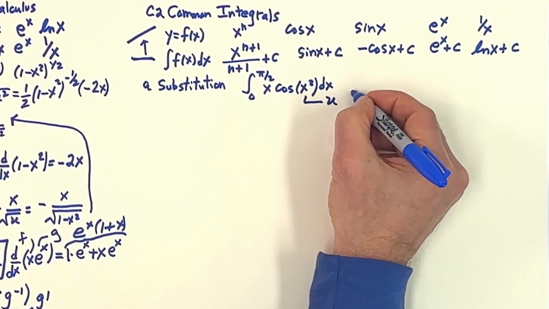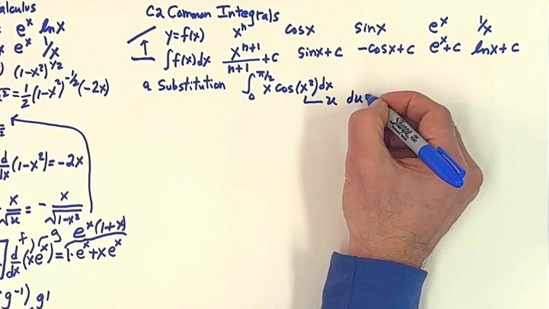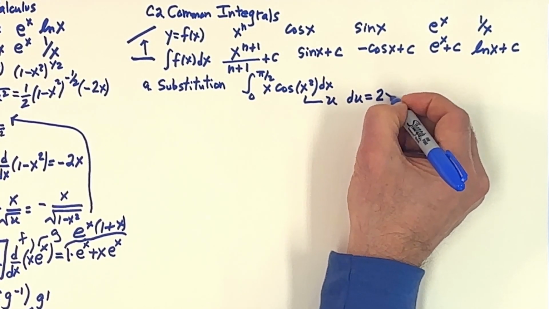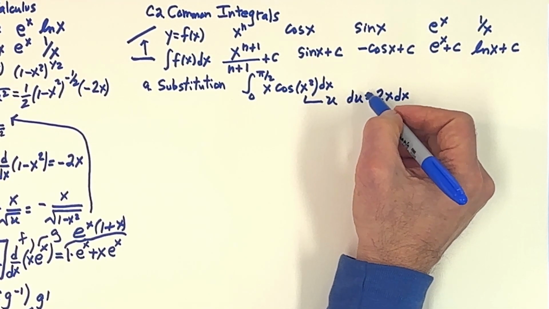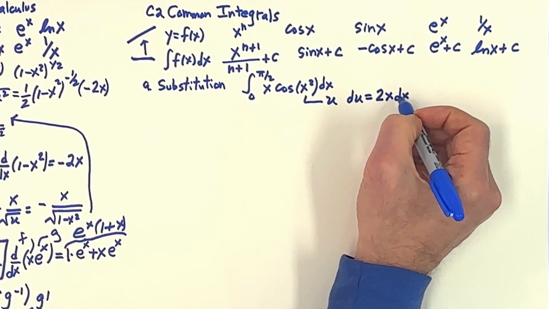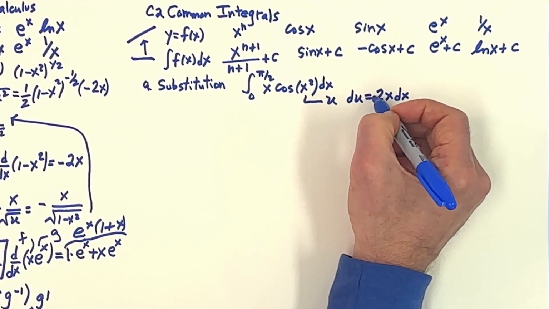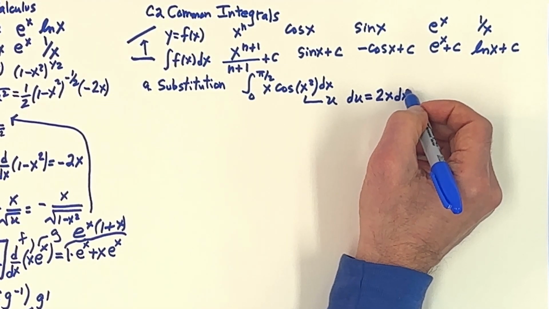Then what you do here is you take the du, because we have to have a differential here. So du would be 2x dx, which you can think of as taking the derivative, du dx, you get 2x. So in differential form, we could write du equals 2x dx.